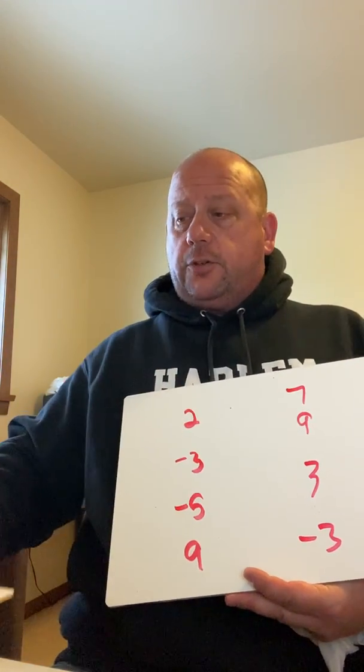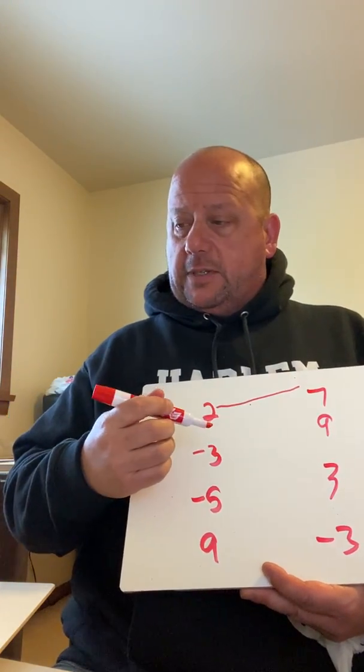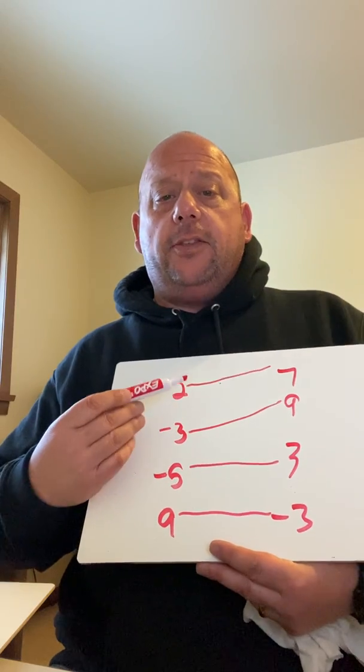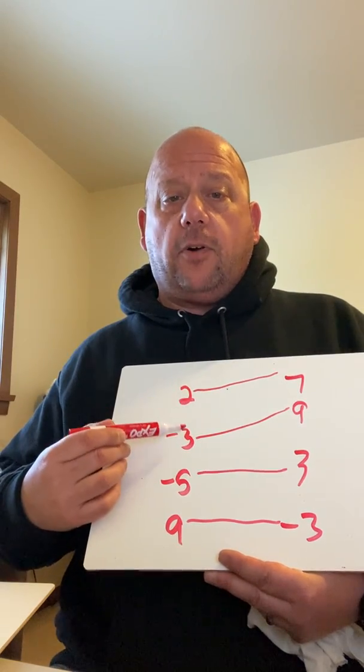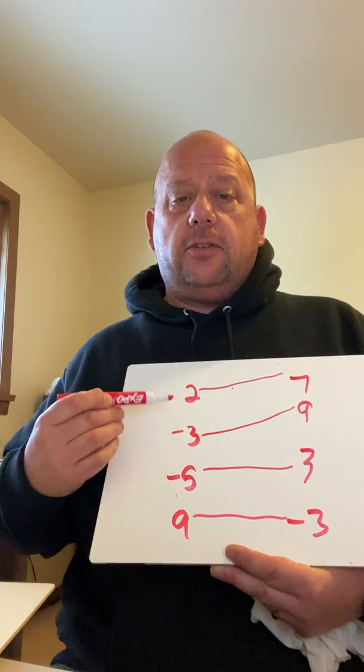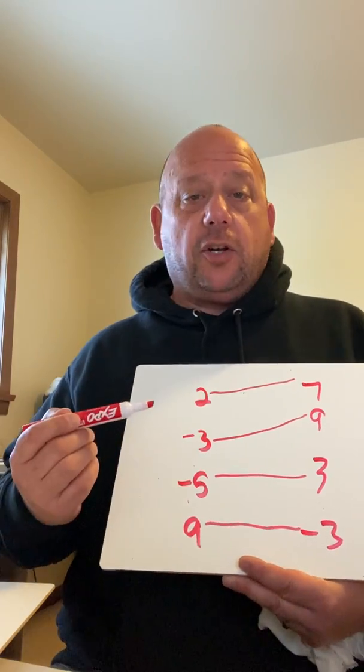The domain for our first ordered pair, 2, 7, there's an arrow there. The next one is -3, 9. For -5, 3, and 9, -3. If you look at this, there's a 1-to-1 relationship for all of these values. All of these have just one thing that they're going to.